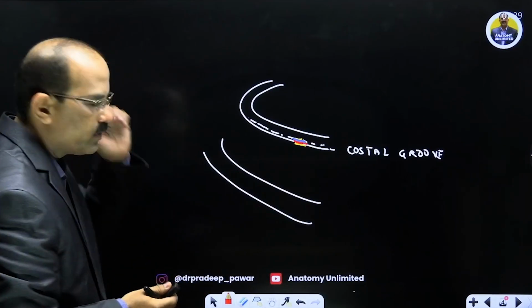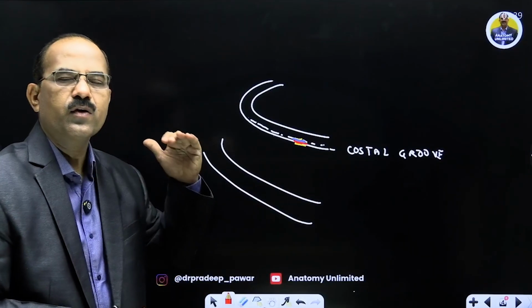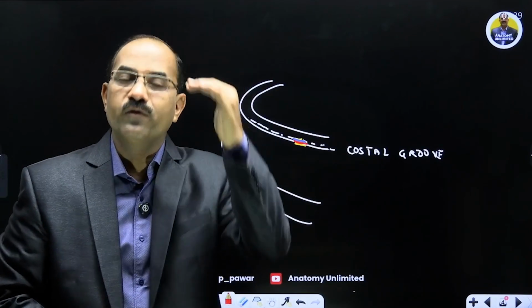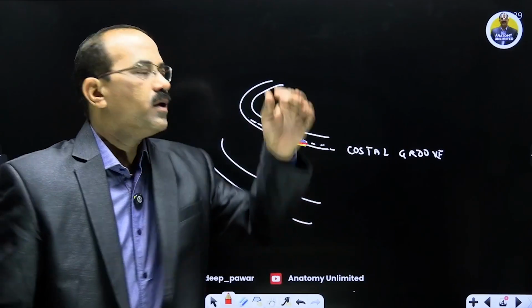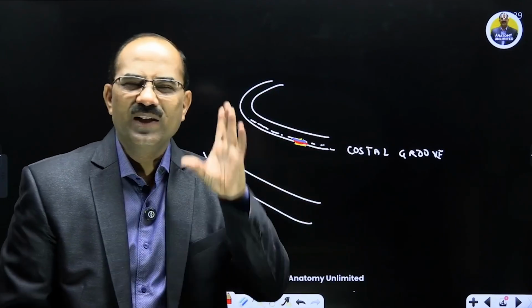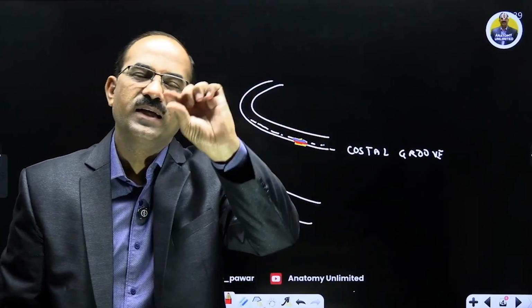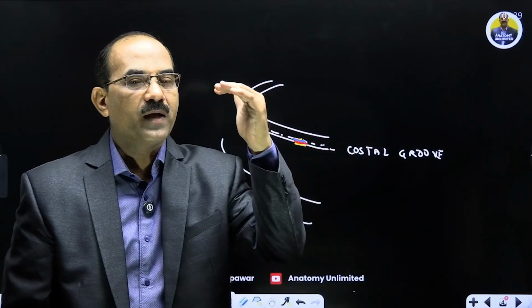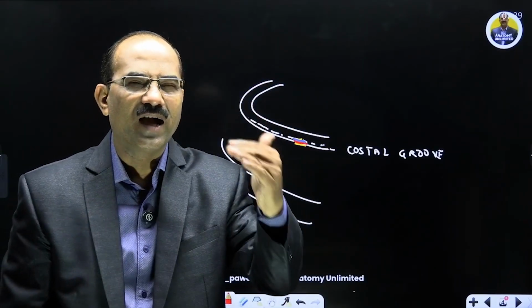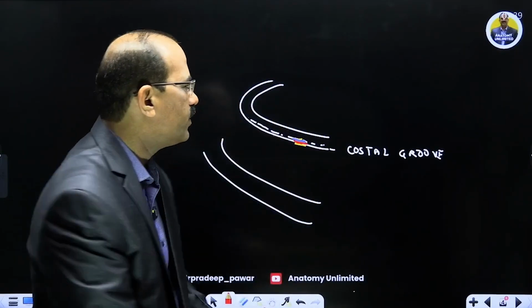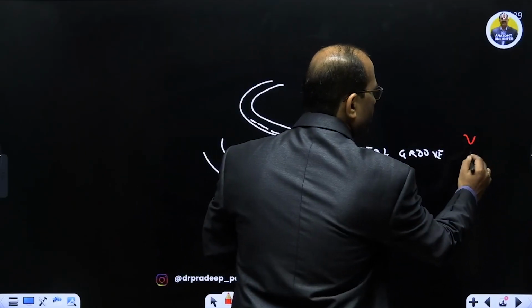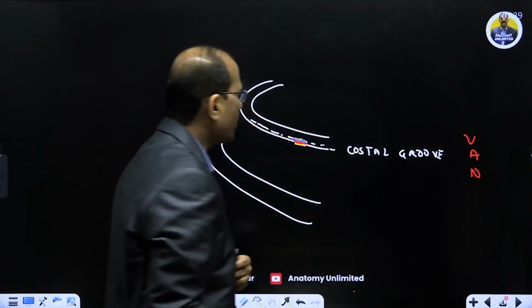So vein, artery, nerve lie in the intercostal space, along the inferior border of the rib, in the costal groove. So the rib inferior border has a costal groove, and what are the structures lying here? Vein, artery, nerve. The sequence is vein, artery, nerve from above downwards.